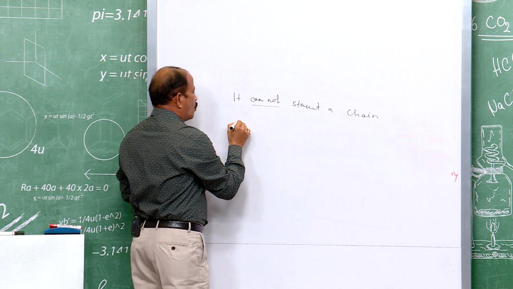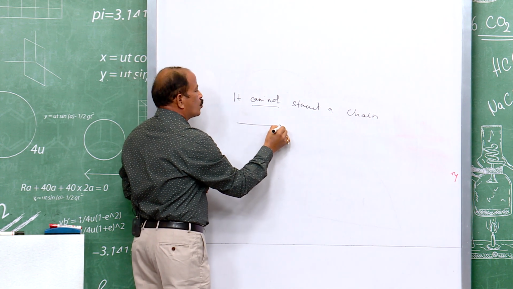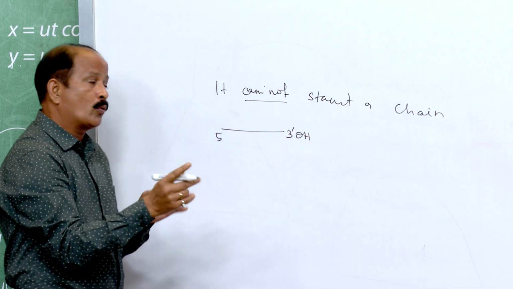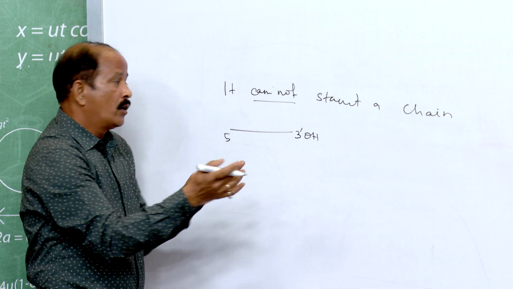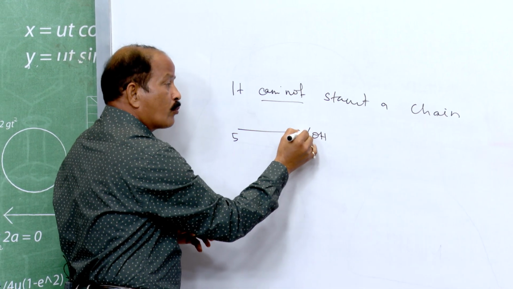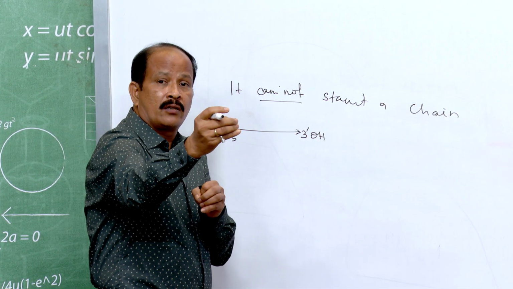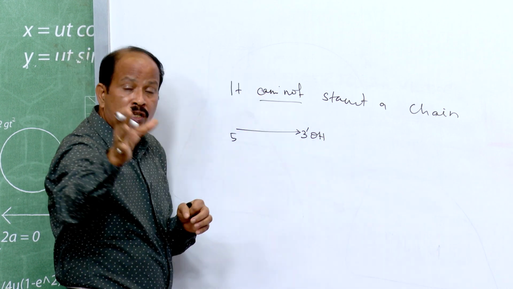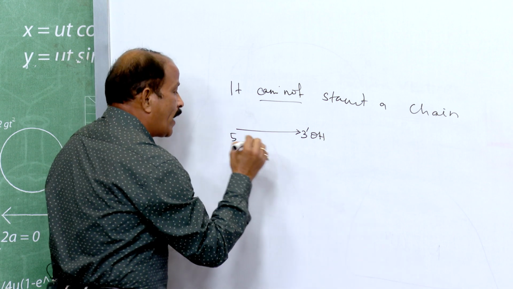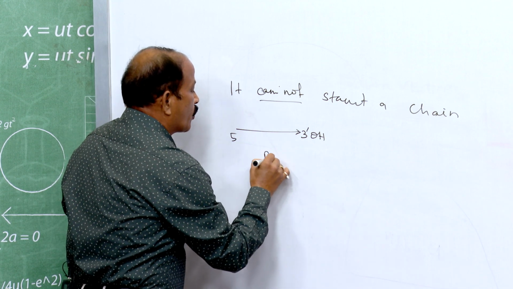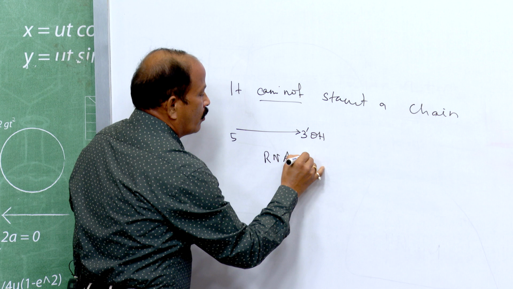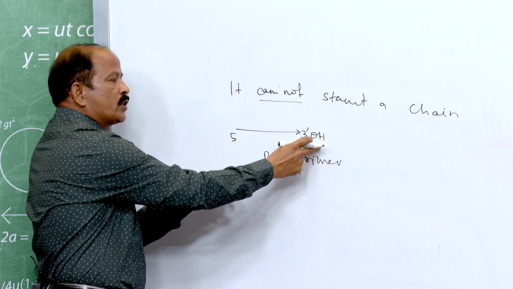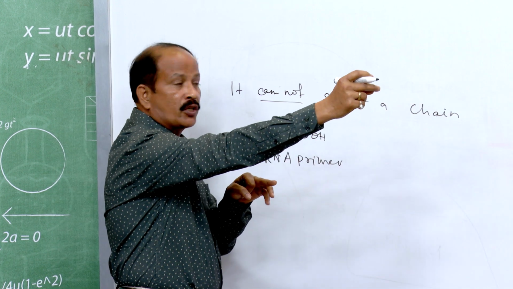It means if a 3'-OH end is available, whether it is of DNA or RNA, from there it elongates. So, this 3'-OH end in this replication process is provided by the RNA primer, from which the polymerase elongates.